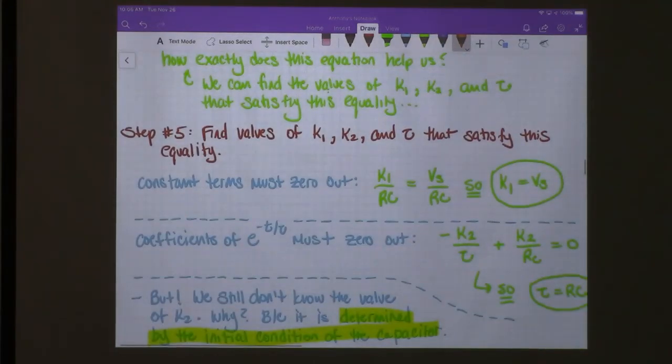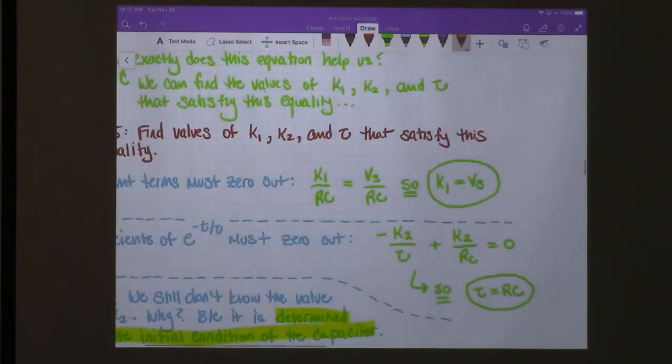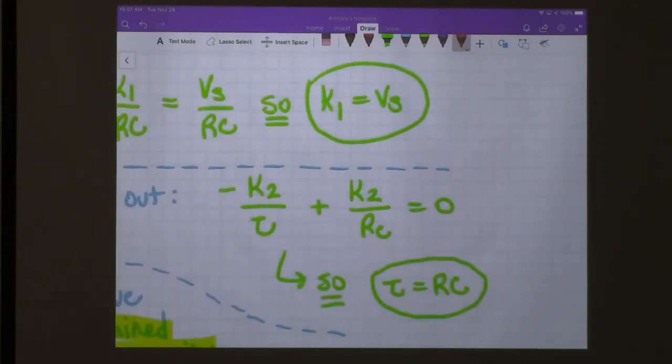And so what you'll see is negative K2 over tau plus K2 over RC equals 0. This is the coefficient of the one exponential. This is the coefficient of the other exponential. And then we have no exponential on the right-hand side.